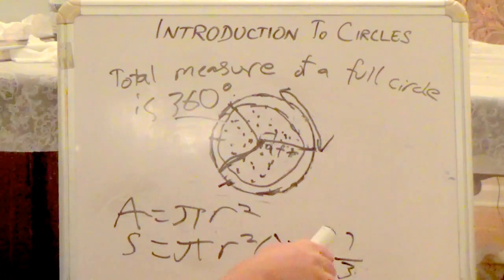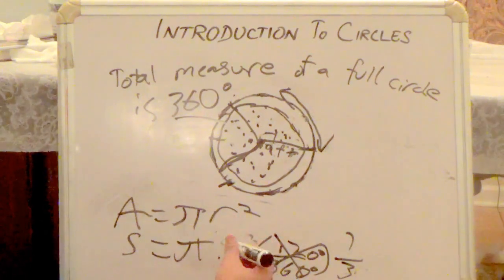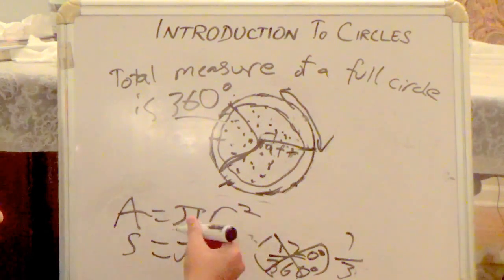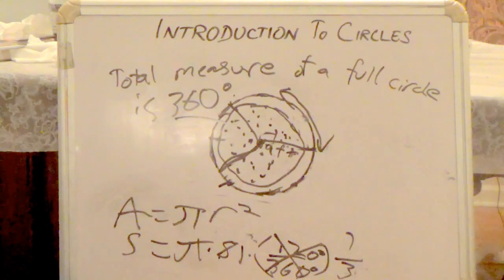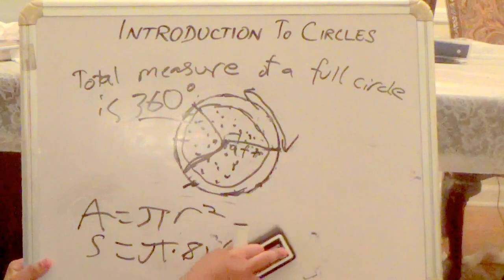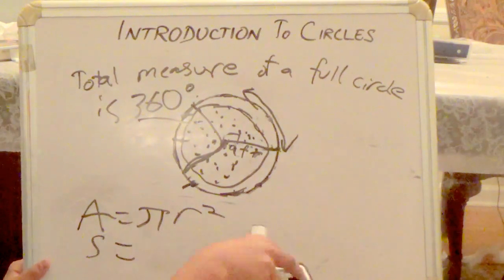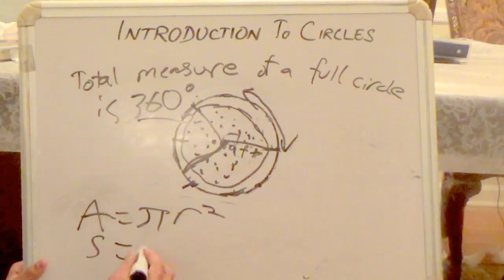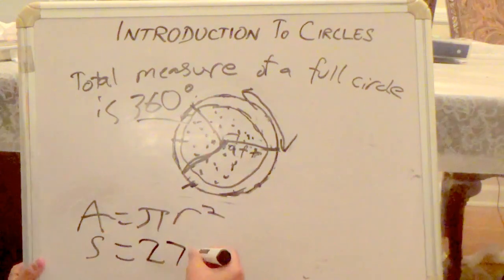So your radius is still 9 feet, so 9 squared is 81. So you multiply pi by 81 by 1/3. 81 divided by 3 is 27. So from your 2 siblings, the amount of pizza you get is 27 pi.